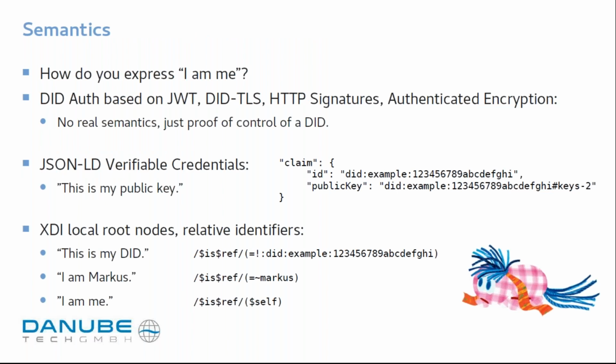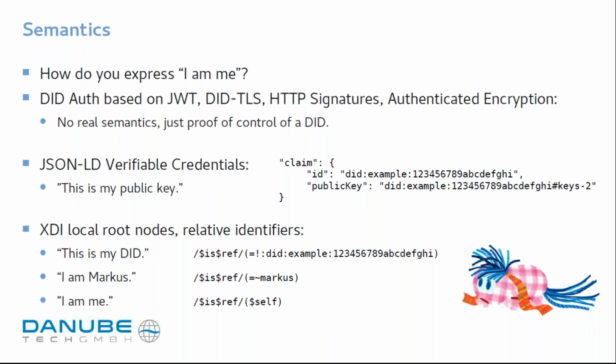Another final slide, just going back to the very beginning, some thoughts on semantics. There's a lot of discussion on semantics in verifiable credentials and proofs, and in the sovereign community also. How do I express, in a machine readable format, a statement about an identity?